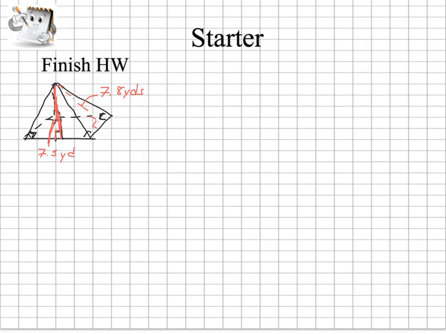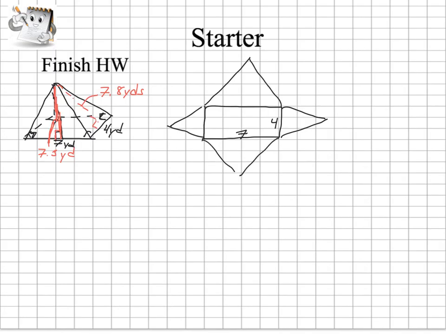So we have two triangles here, and this was 7 yards, and this was 4 yards. I'm going to break up this shape, almost do a net. Okay, so here's my rectangle, and this is 7 yards by 4 yards. And then I have a triangle off of each edge, and a different size triangle off of each edge here.